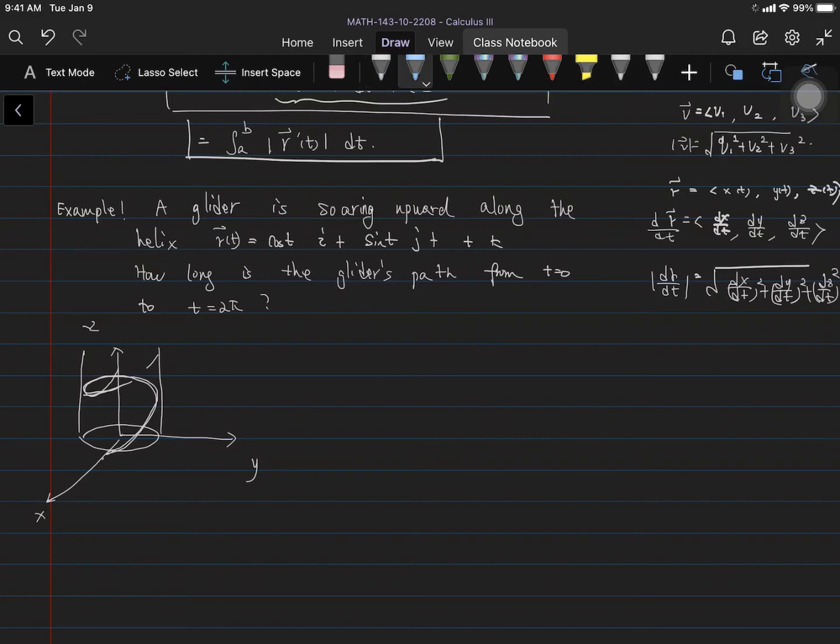We're going to find the length from 0 to 2 pi, and now we can just use the formula directly.